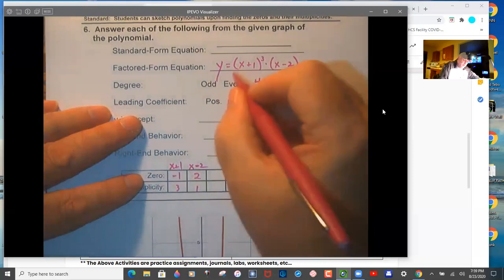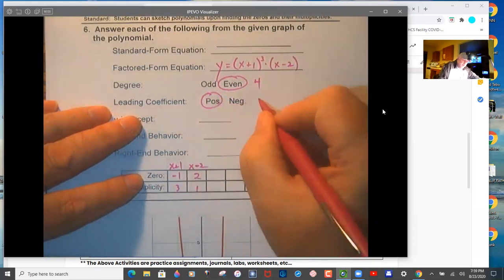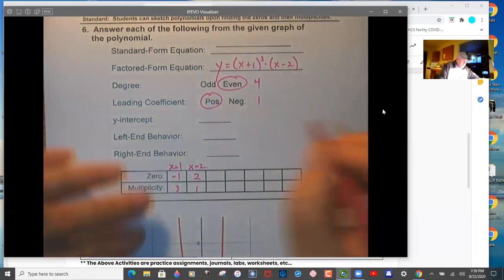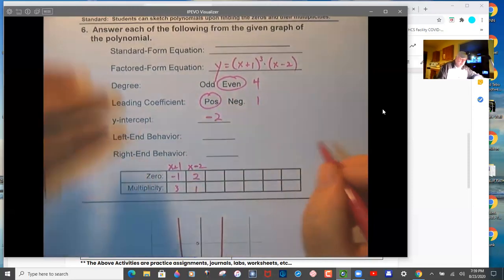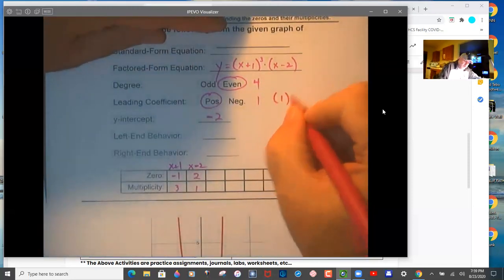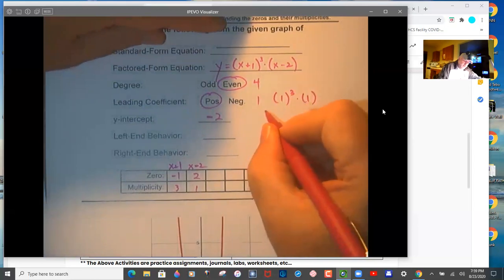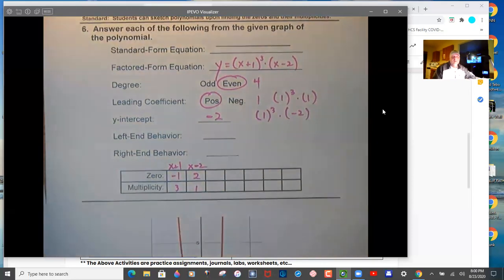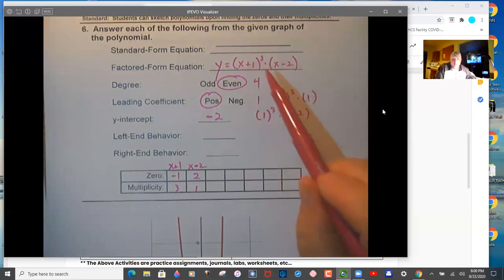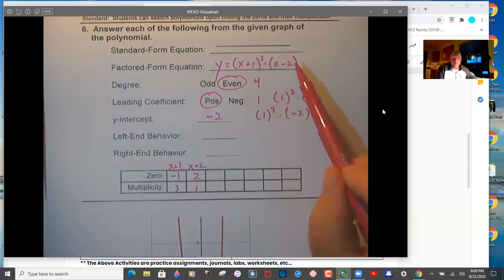So our degree is 4. It's even. Positive leading coefficient of 1. Y-intercept is 2. So we go back here. 1 cubed times 1. And then 1 cubed times -2. So again, where am I getting these? It's the coefficients on x to the powers on the outside of the parentheses.